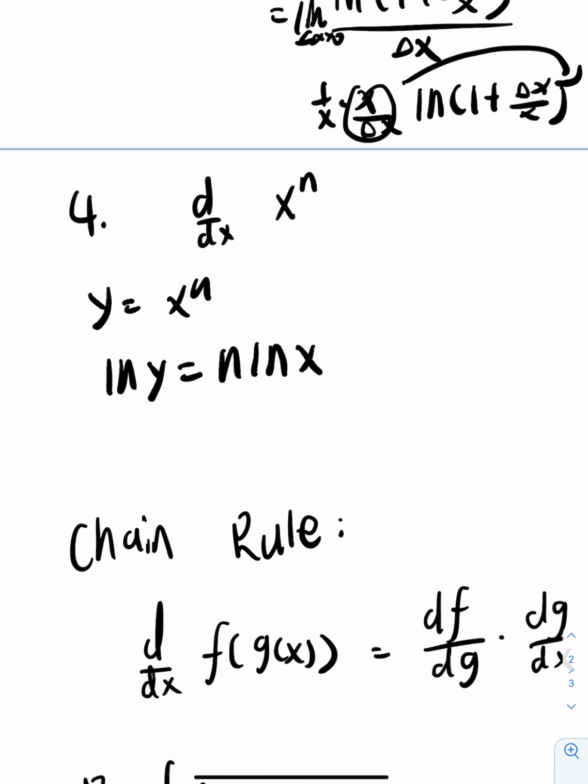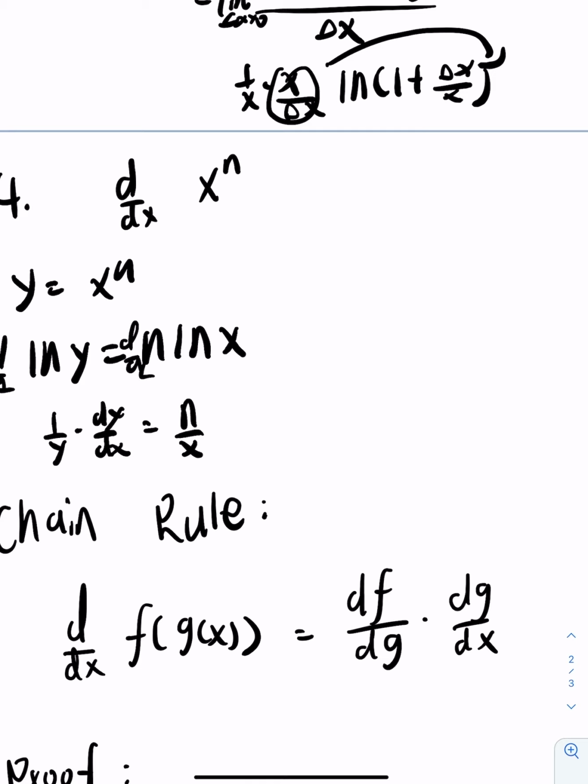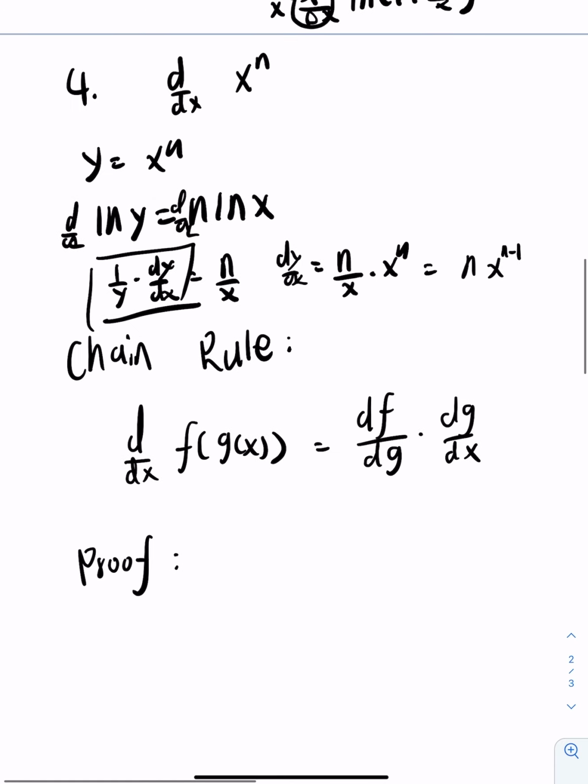Taking the derivative of ln y, d/dx of ln y equals 1 over y times dy/dx, equal to n times 1 over x. And so we have dy/dx equal to n divided by x times x to the n, which is n times x to the power of n minus 1. And this part, don't worry about it, it is the chain rule. We'll talk about it just now.